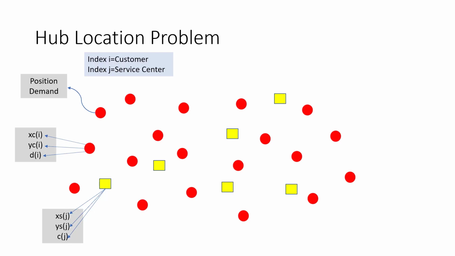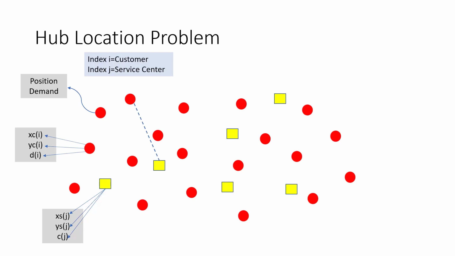We also have a geographical position for all service centers, xs_j and ys_j, and we have c_j as the fixed cost for service centers.